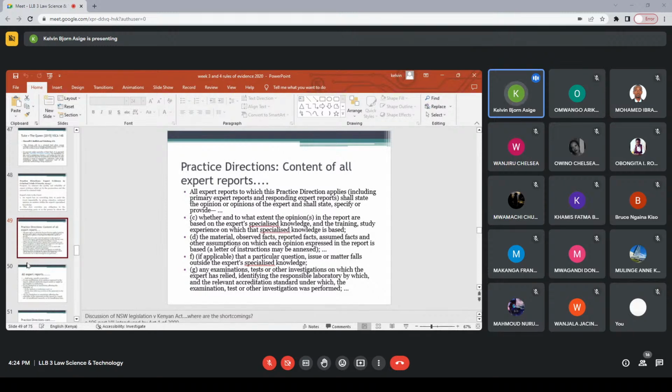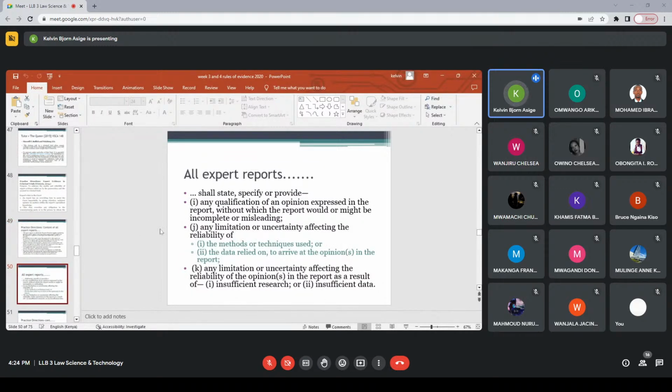The practice directions also state that such a report by an expert must show any examinations, tests, or other investigations on which the expert has relied, identifying the responsible lab by which, and the relevant accreditation standard under which, the examination or test or investigation was performed.